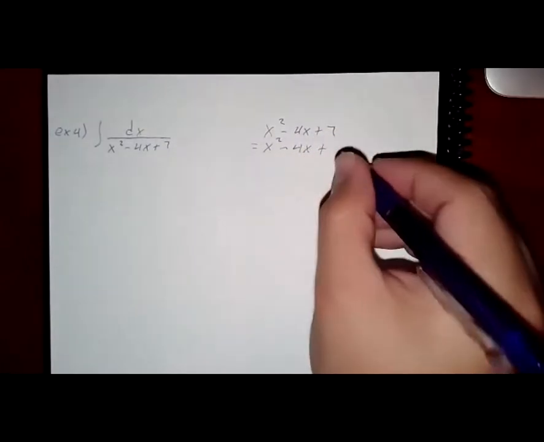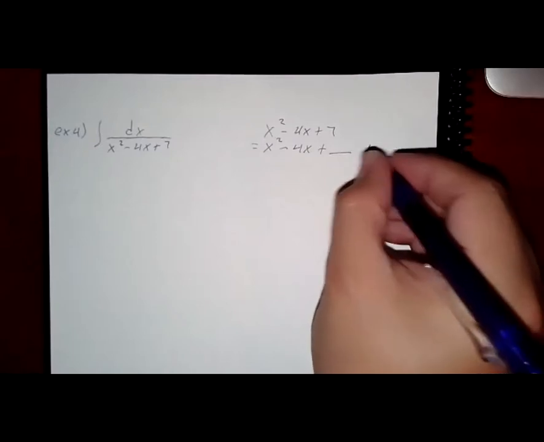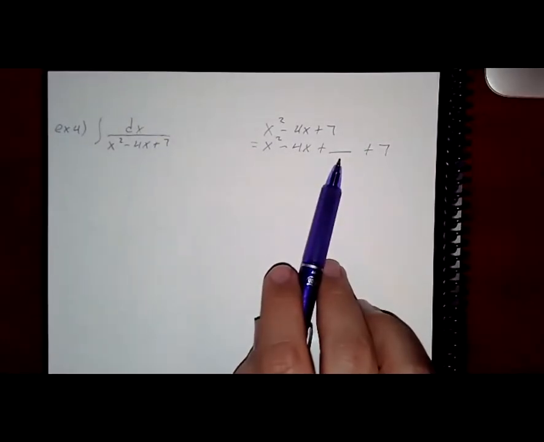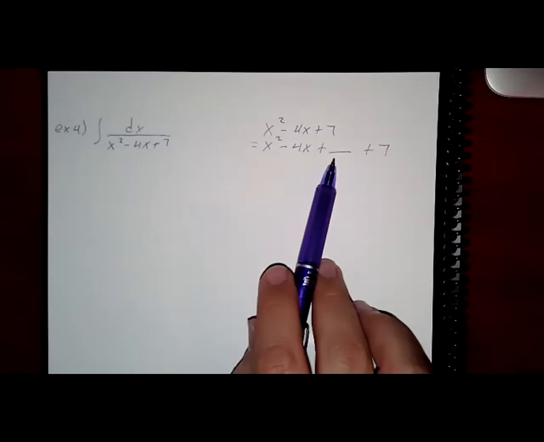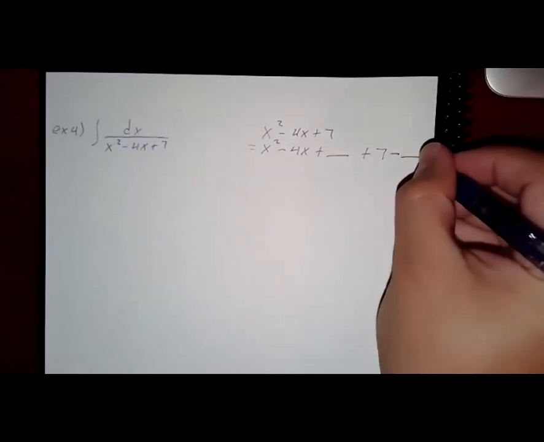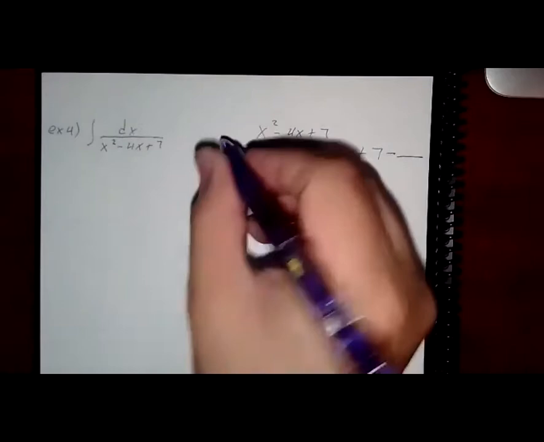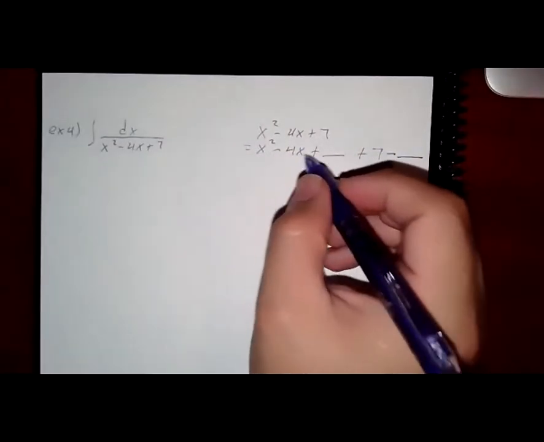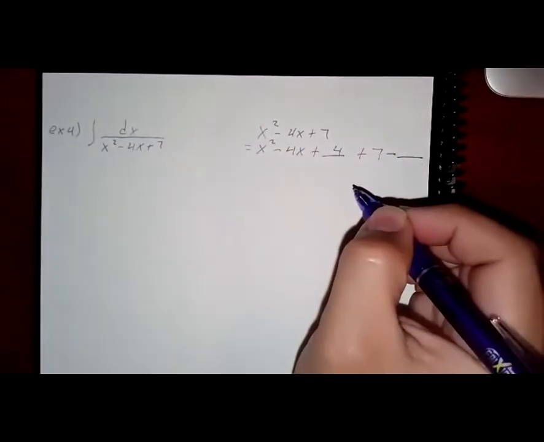But before we do that, I'm going to make a missing piece here so it's obvious. Completing the square means I'm going to add something to it, but then I have to subtract that same something. Okay, so half of 4 squared is 4, right?